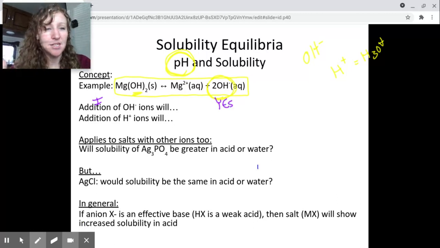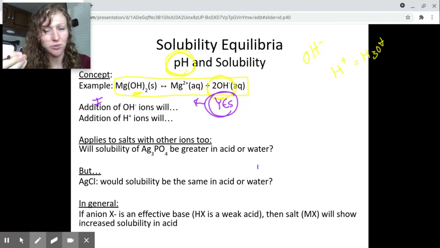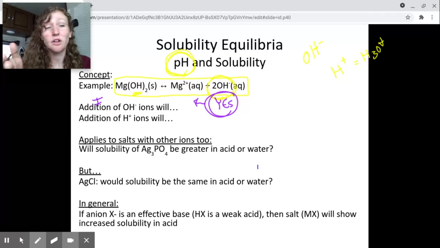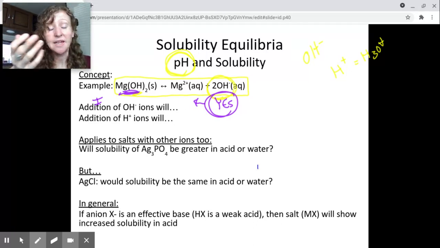Would that tend to encourage magnesium hydroxide to dissolve or discourage it? According to Le Chatelier's principle, it would discourage it, right? Anytime we have a stressor, the equilibrium will shift to minimize that stressor. So if I already have hydroxide present, it's going to dissolve less of my salt so that I minimize the hydroxide stressor.